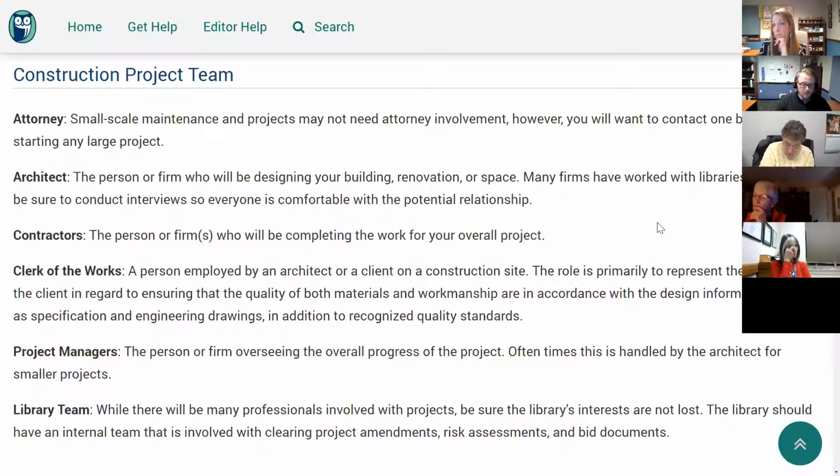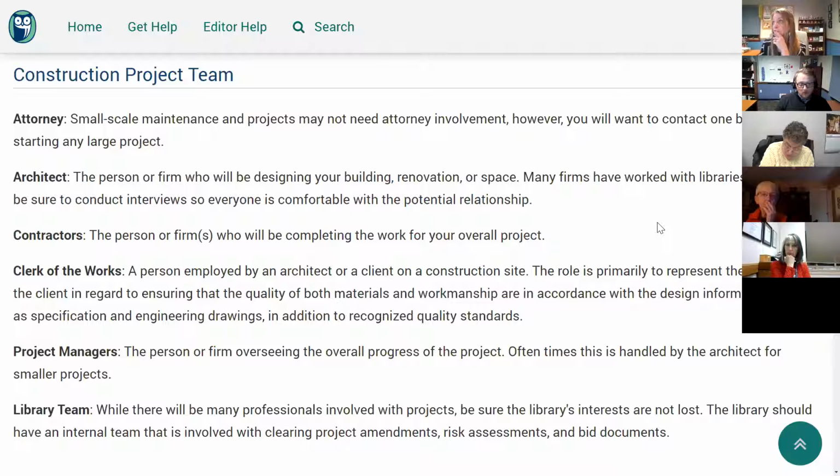And you can, of course, take all that information with a grain of salt, but there have been issues with various firms in the past, or individuals, contractors, everything else. So it would make a good amount of sense for your director to reach out and talk to other directors to say, hey, who did you use? How did it work out? Were you happy, unhappy, things like that. So you can kind of get an idea of what that is.